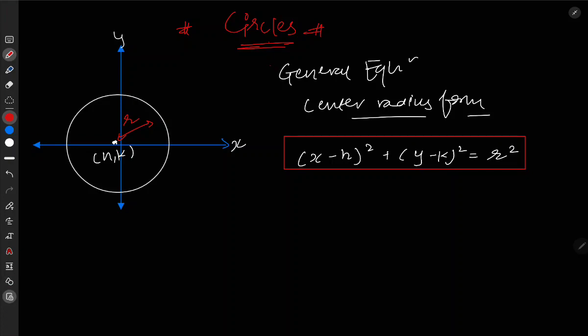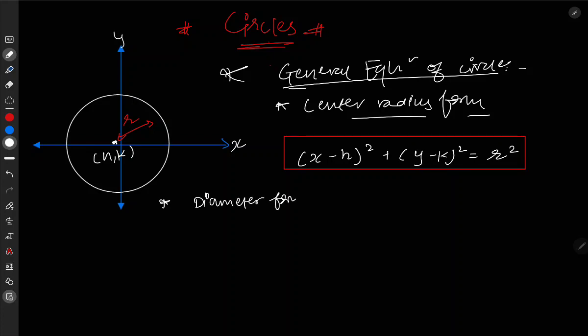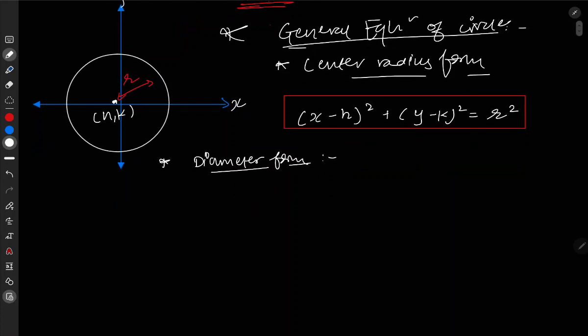And now let us understand another form of writing a circle, and the second form is the diameter form, and it can also be proved easily.